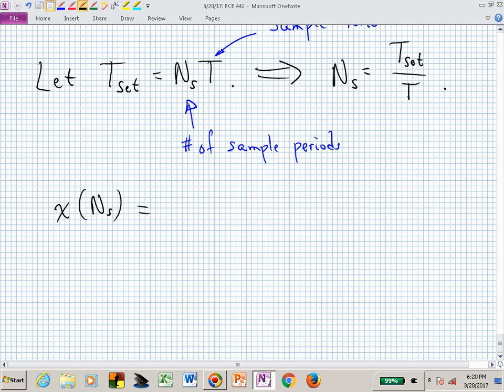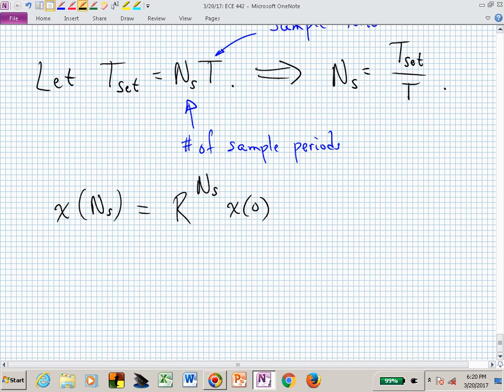If this is a one-dimensional system, with just one pole, the dynamics will be influenced by that one pole's value R, raised to N sub S times the initial condition, x of 0. So the value of the state at time N sub S is R to the N sub S times x of 0. That's just for a one-dimensional system, and that's how we will parameterize these settling times.